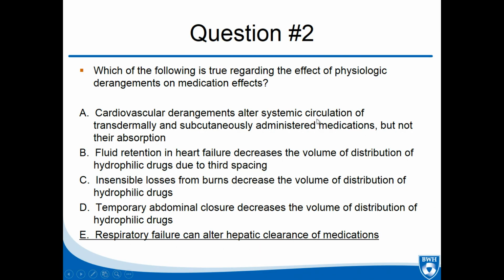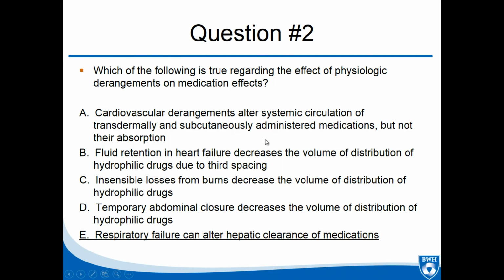They're mostly just opposite. Cardiovascular derangements certainly can alter systemic circulation of transdermally administered drugs, but they will also substantially alter their absorption, as we talked about throughout this talk, that the absorption of these routes is not great in critical illness. Fluid retention in heart failure decreases the volume of distribution of hydrophilic drugs due to third spacing?